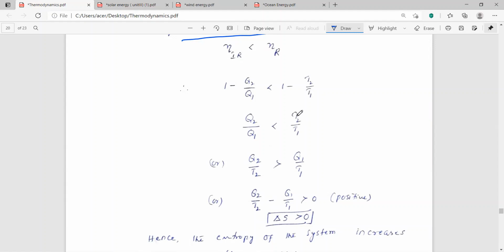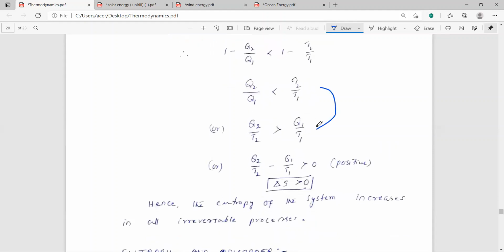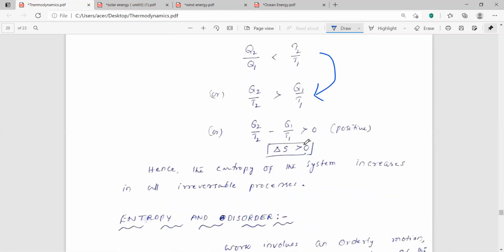If you take T2 to the left-hand side and Q1 to the right-hand side, we can rewrite the equation as Q2 by T2 greater than Q1 by T1. Or Q2 by T2 minus Q1 by T1 is always greater than 0. That means this gives us the change in entropy, delta S greater than 0.